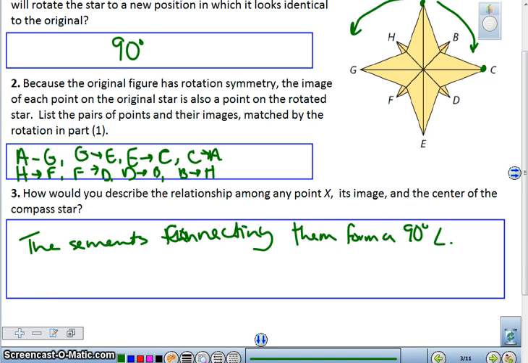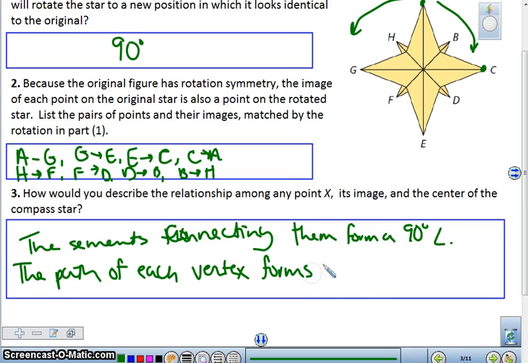The path of each vertex forms an arc of a circle.